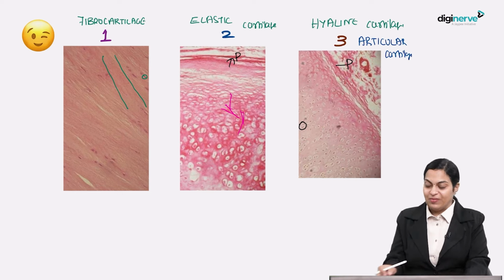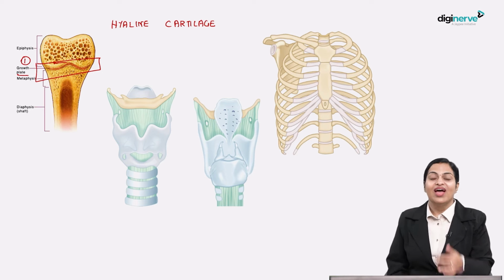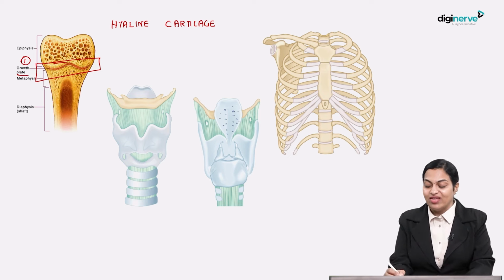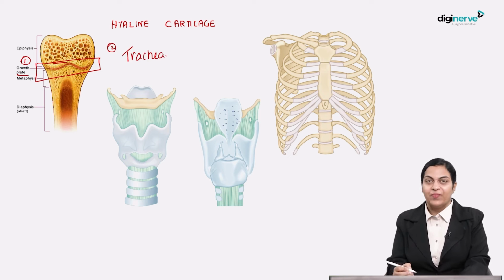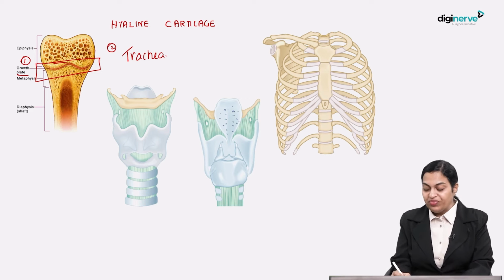What are the areas where you find these cartilage types? Hyaline cartilage, the best example is the epiphyseal growth plate, right? And then, can you put your fingers over the trachea and feel? That's also made up of hyaline cartilage. Hyaline cartilage is more rigid, strong, isn't it? It can calcify and ossify also.